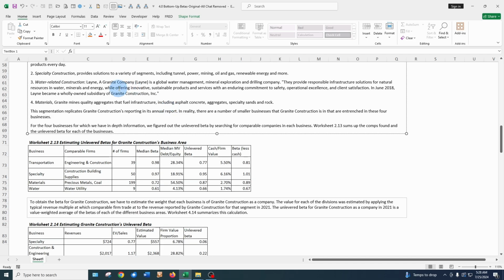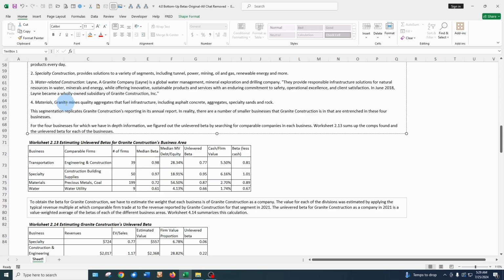Water-related construction, Layne, a Granite company, is a global water management, mineral exploration, and drilling company. They provide responsible infrastructure solutions for natural resources in water, mineral, and energy, while offering innovative, sustainable products and services with an enduring commitment to safety, operational excellence, and client satisfaction. Well, clearly, that is their marketing people spinning their company.